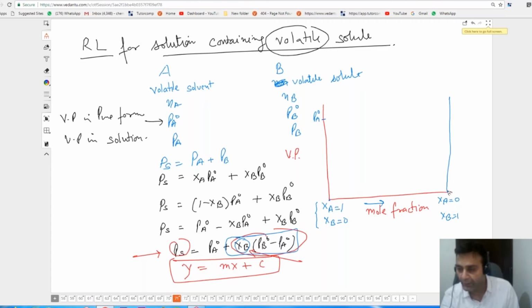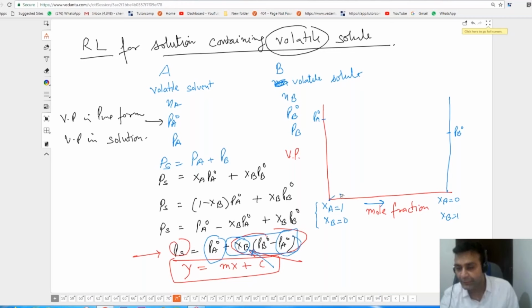At the end point, A will become 0 and B will become equal to 1. And now when mole fraction of B is equal to 1, in that case, what will happen? PA naught plus and minus will be cancelled, and that will leave only PB. And I say let PB naught be here. It may be above that also, because two liquids do not have the same vapor pressure, right?